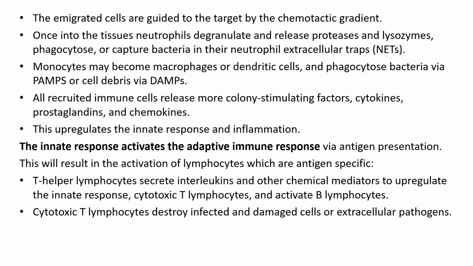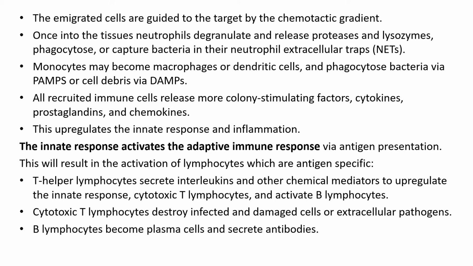Our cytotoxic T lymphocytes destroy the infected and damaged cells or any extracellular pathogens, whatever they have been made specific to, whatever antigen they are now specific to. They will bind and destroy. B lymphocytes, as we said, become plasma cells and they secrete antibodies.